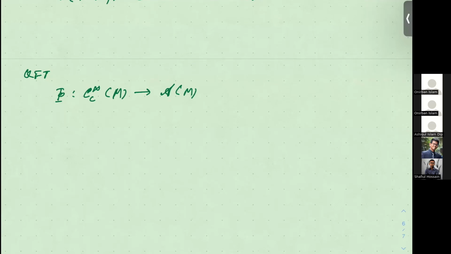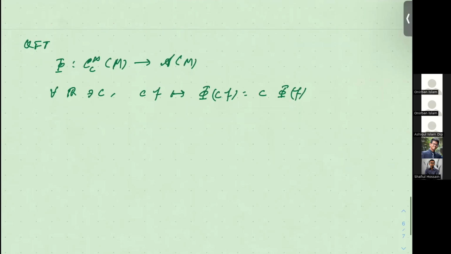This is linear, so I'm taking a linear real quantum field, which means that if c is some real number, then phi of cf equals c phi of f. And it must satisfy the Klein-Gordon equation in a distributional sense.